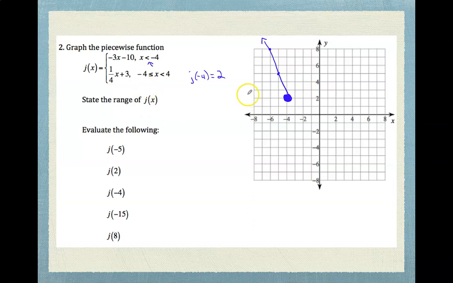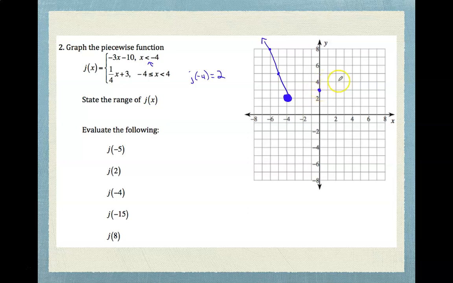And now there's a couple things we can do. We can move from here with the slope of 1/4, so up 1/4. We also know that the second equation has a y-intercept of 3. So you could just put that y-intercept of 3 there to help you create the second line.